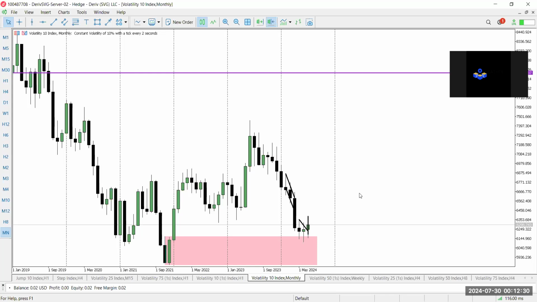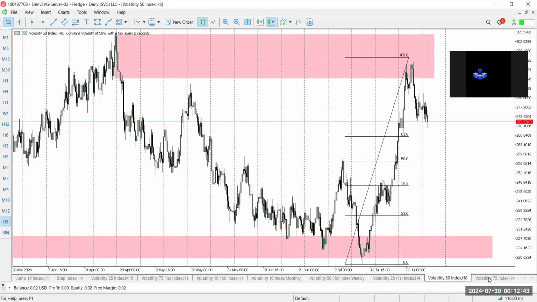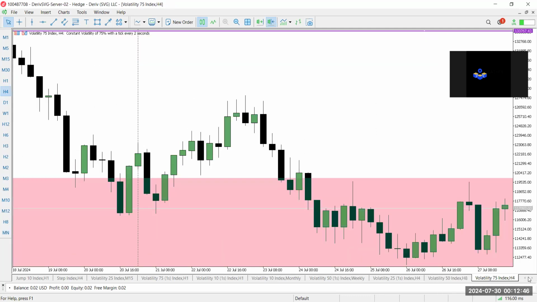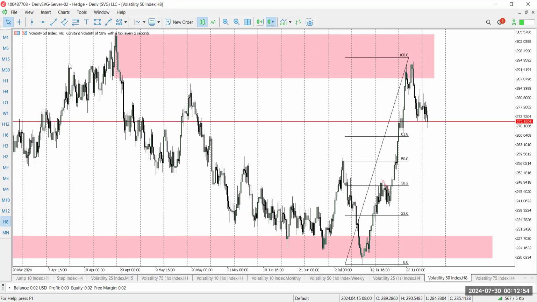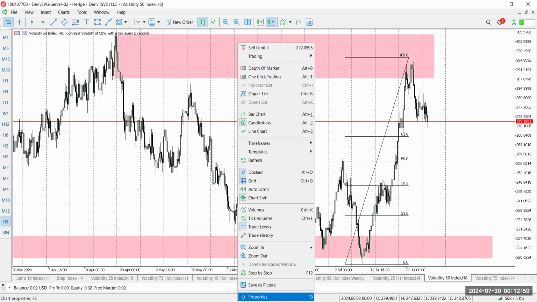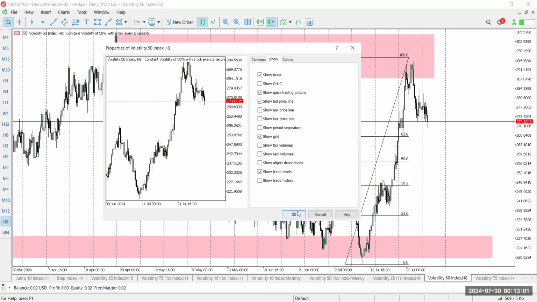Great. So on vix50, okay, that was the vix50. On vix50, let me remove all these period separators.